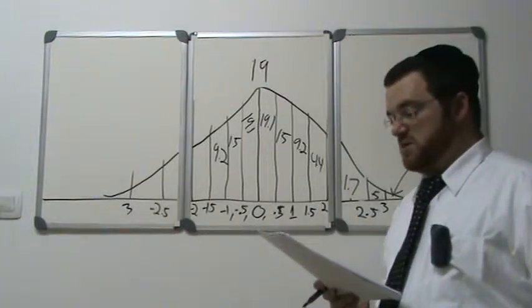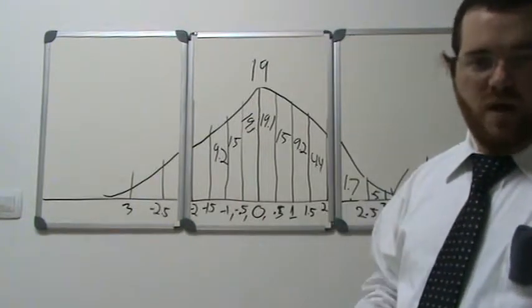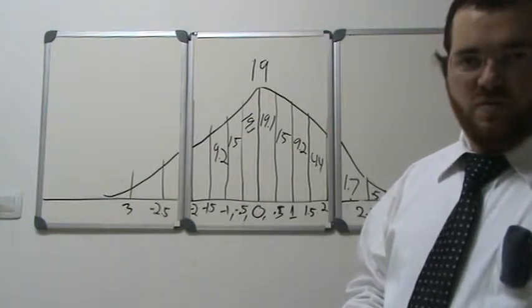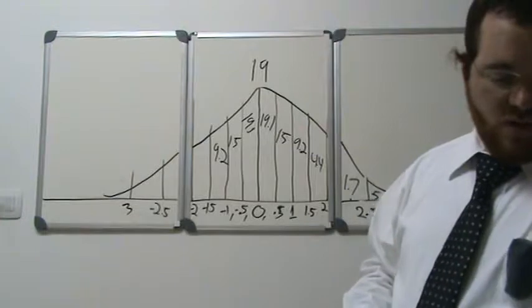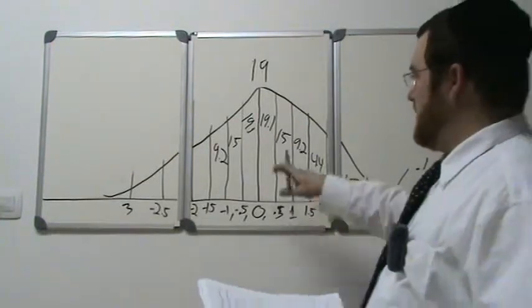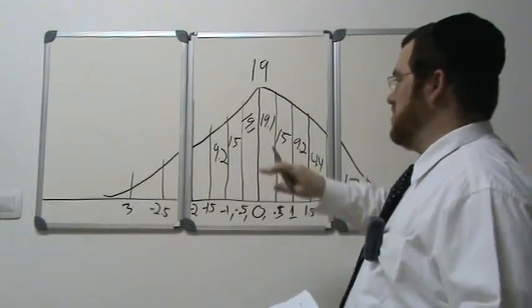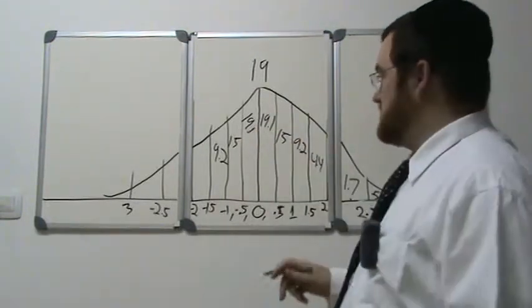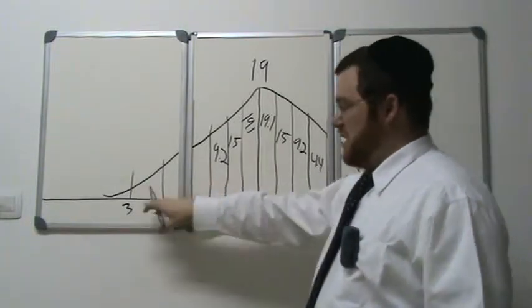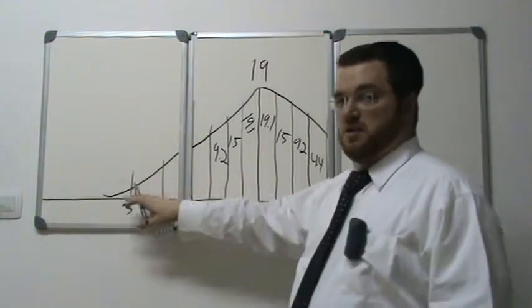Whenever it says normally distributed with a standard deviation, we're usually speaking about this type of curve, this mountain. It shows you 19.1% on one side of this long line and 19.1% on the other side. Altogether, if you add up everything, it equals 100%.